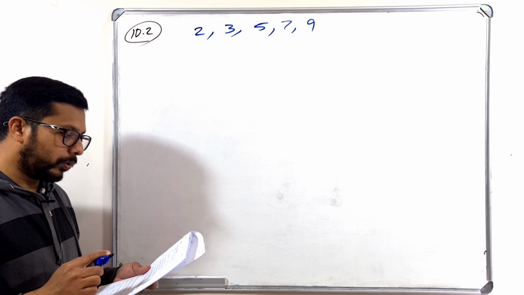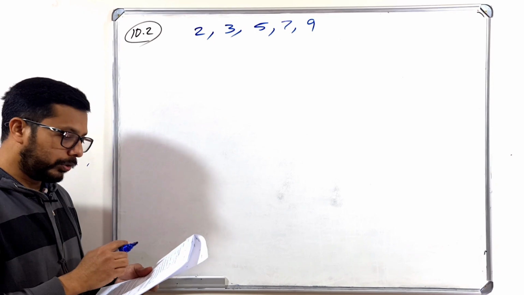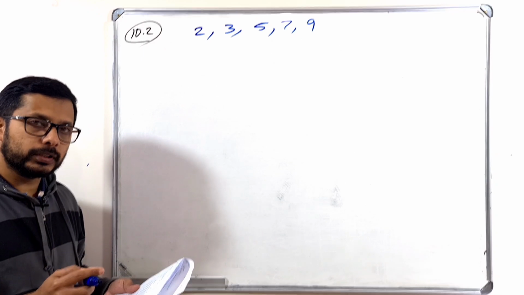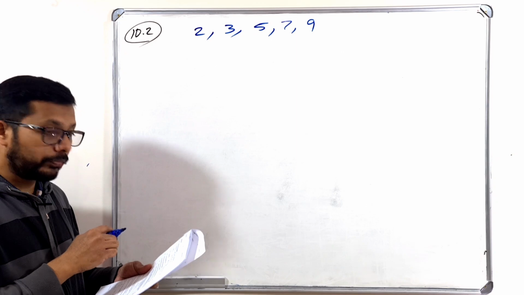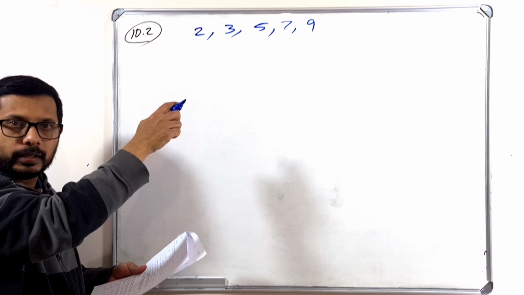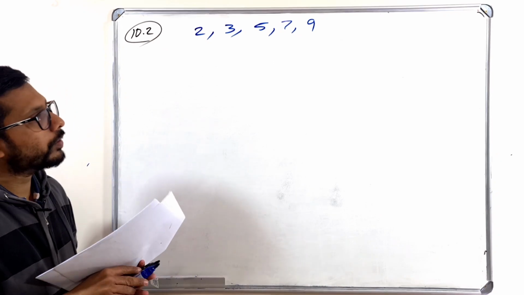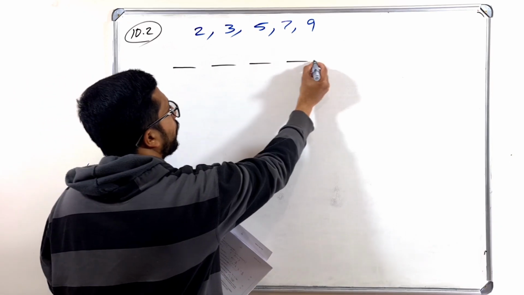How many different codes can be created if... Before you start 10.2.1, how many digits are in that code? It is written there: a 5-digit code. How many numbers are given? 5 numbers. Okay, it is a 5-digit code: 1, 2, 3, 4, 5.